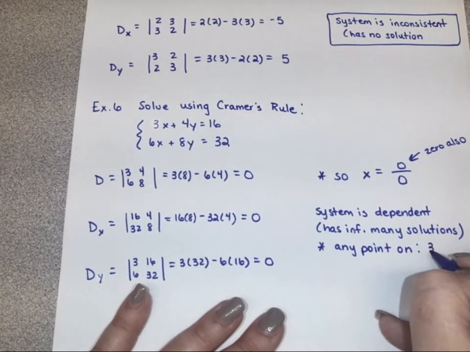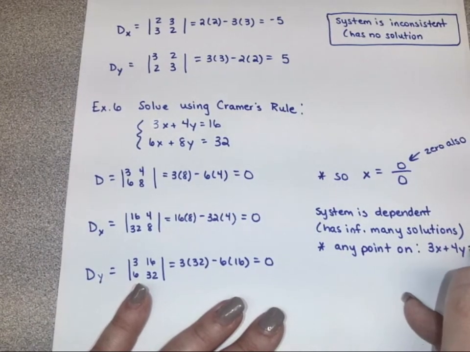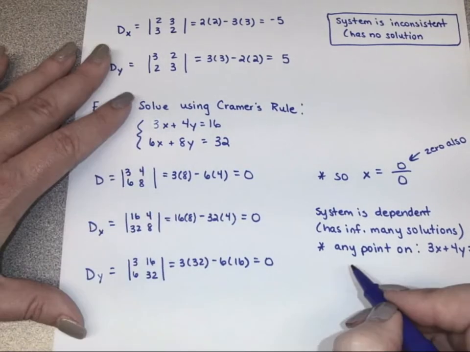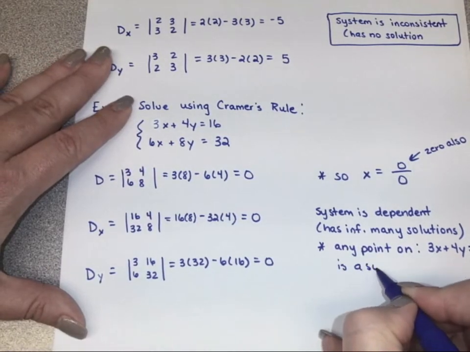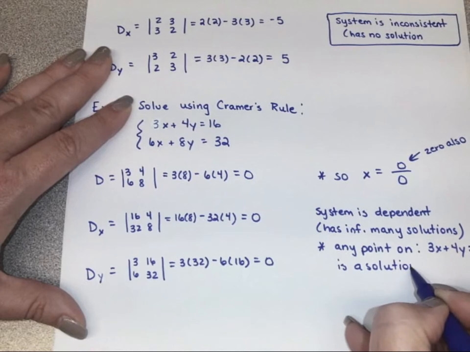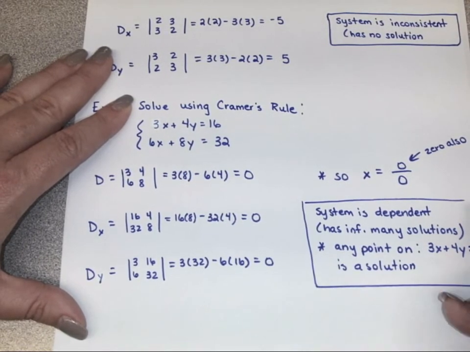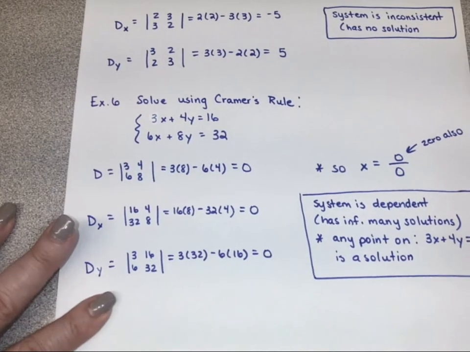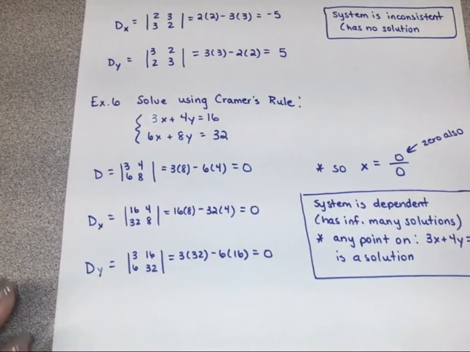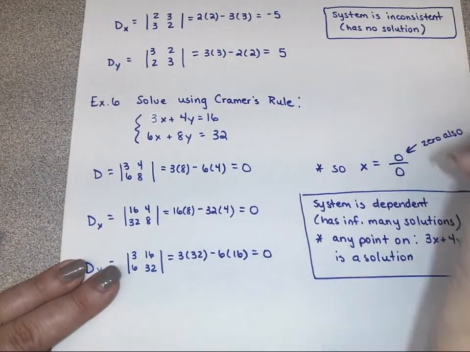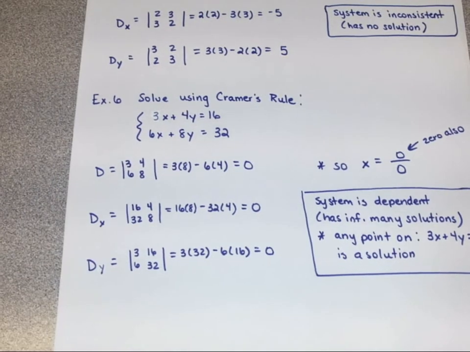It's any point on 3x plus 4y equals 16 is a solution. So it's not just infinitely many solutions, because we can actually describe what those solutions would be in this case. So no solution is quicker to talk about because there's nothing to discuss. There's just no solution. Infinitely many solutions, we want to describe what those solutions are.